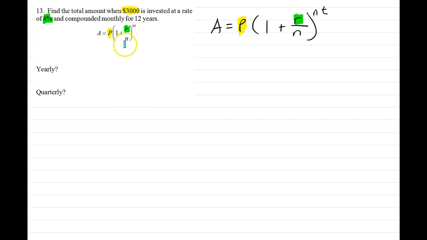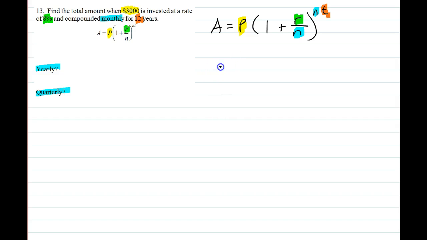Then we have the N. The N stands for how many times it's compounded. So in the first example, it's compounded monthly. Then we're going to do yearly, and then quarterly. And then the last one is our T, which is 12 years.